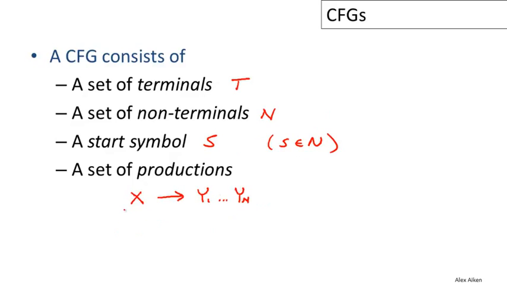And there are certain rules about these symbols. The X on the left-hand side of the arrow has to be a non-terminal. That's what it means to be on the left-hand side. So the set of things on the left-hand sides of productions are exactly the non-terminals. And then every Yi on the right-hand side can be either a non-terminal, or a terminal, or the special symbol epsilon.